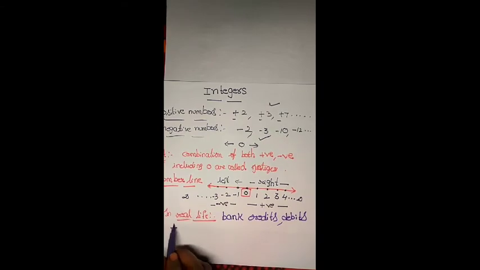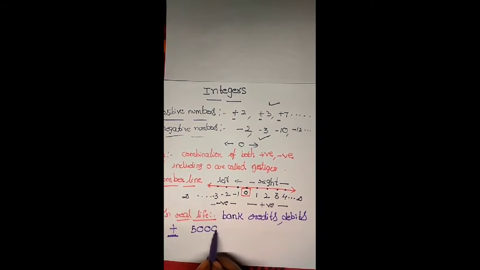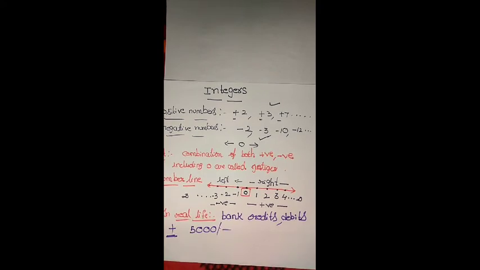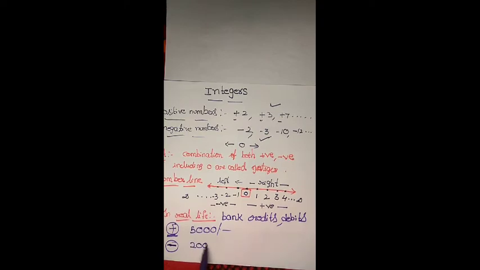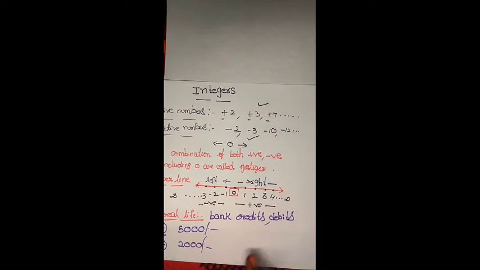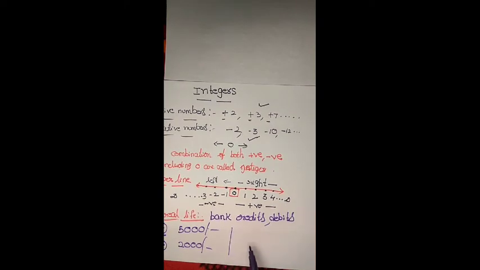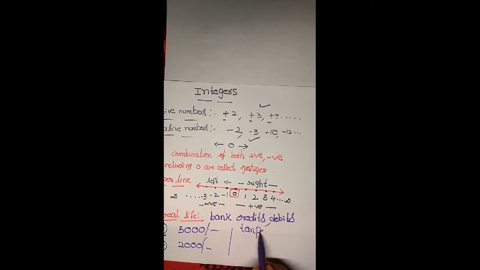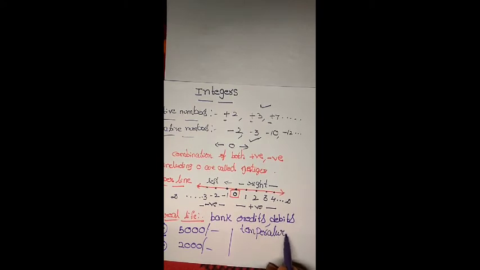Whenever we deposit an amount, it shows a plus symbol. Suppose you have deposited 5,000 in your bank account, it shows the symbol as plus. That means 5,000 is credited into your bank. If you take some money, suppose 2,000 you have taken out, that means you have debited. So for credits and debits we use integers.